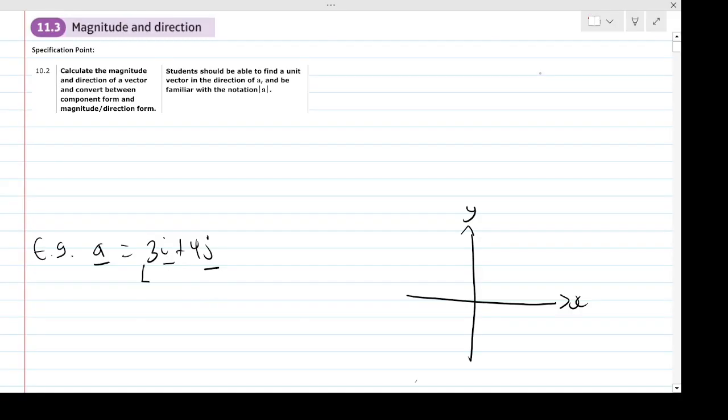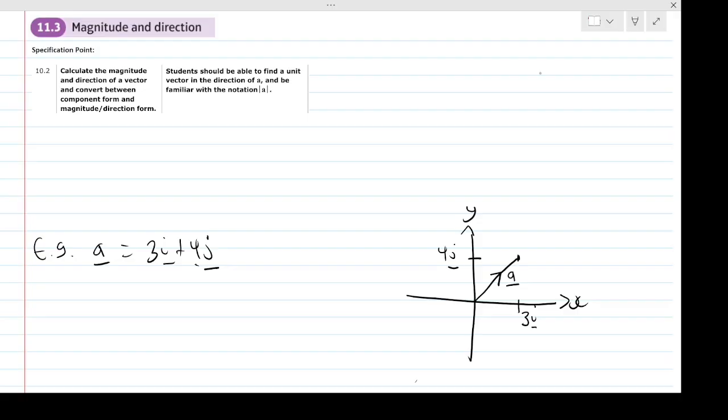So 3i is 3 along the x-axis, and 4j is up 4 on the y-axis. So the coordinate was there, 3i, 4j, and we connected it from the origin. And that is our vector A.